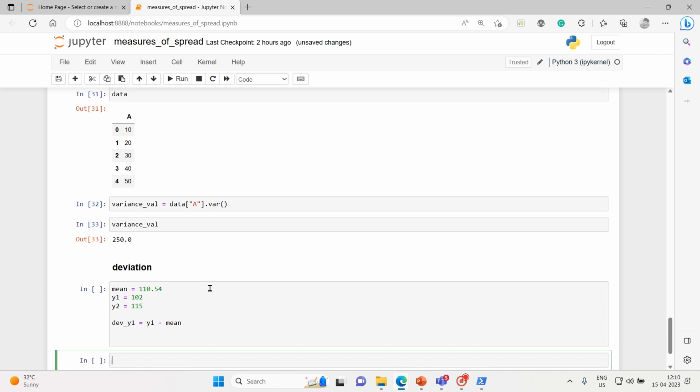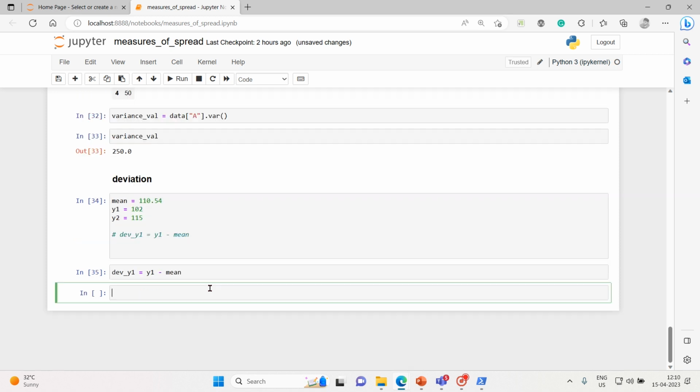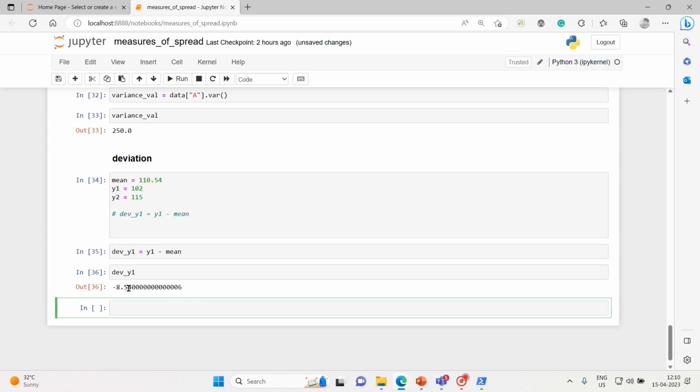Let me do this and execute. So deviation underscore y1 is equal to y1 minus mean, and deviation underscore y1 equals minus 8.54.